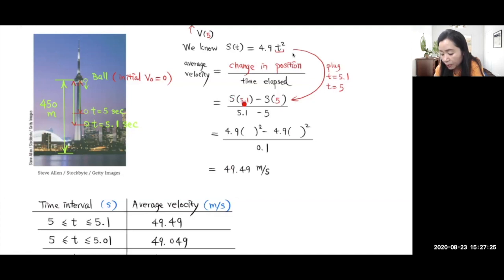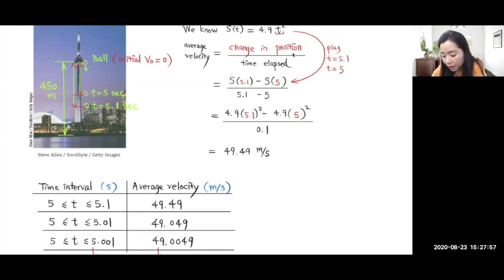When you plug in 5.1 into t, that is 4.9 times 5.1 squared, and this is 4.9 times 5 squared. Then you subtract them. Do the calculation and you end up with this number. Notice the unit here is meters per second. So we calculate the average velocity when the time interval is from 5 to 5.1 seconds.